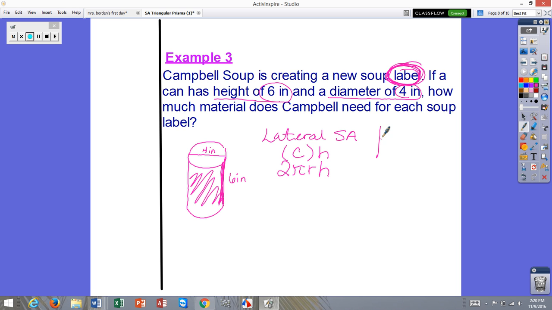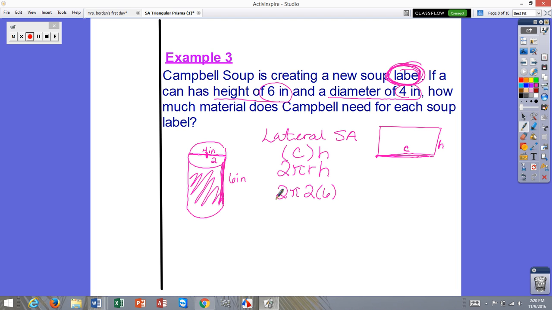That will give us this rectangle. Because we know that this base is the same as the circumference, and height is how far apart the two circles are from each other. So radius in this case would be half of the 4, because 4 is the diameter. So 2 times pi times 2, because we're doing half of that. And then our height is the 6 inches.